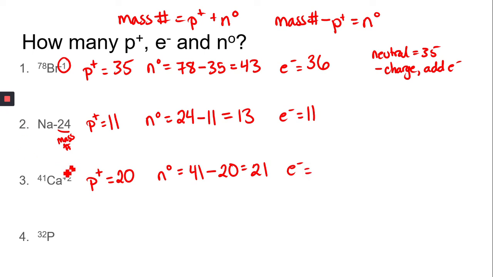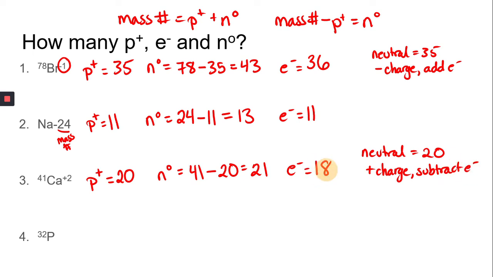But because we have this positive charge, that means it's not going to be 20. So if it was neutral, it would have been 20. The positive charge means we need to subtract electrons. So a positive 2 means I have 2 less electrons. So instead of having 20 electrons, I have 18 electrons.